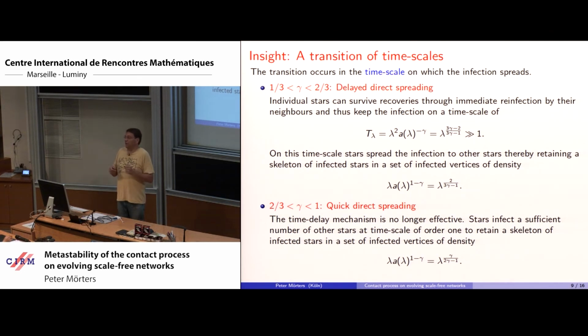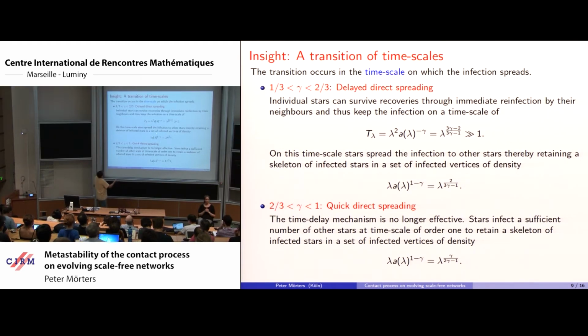But the neighbors of the stars are enough, okay? And this number here is the density of infected vertices that are neighbors of stars. So there's a factor a of lambda, which is the density of stars. a of lambda to the minus gamma is their degree, so this is the intensity of neighbors of stars, and lambda is the proportion that's infected. And when you look at this, then this gives you this exponent here.